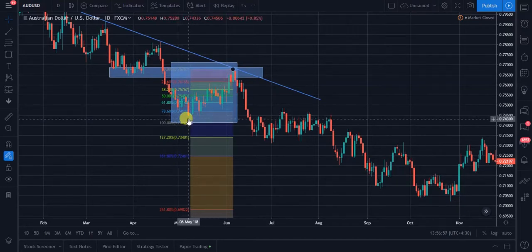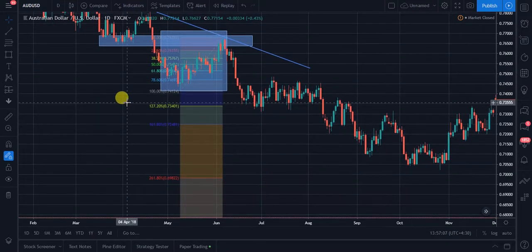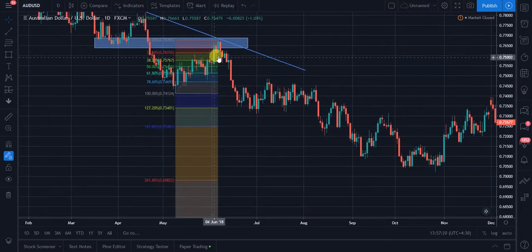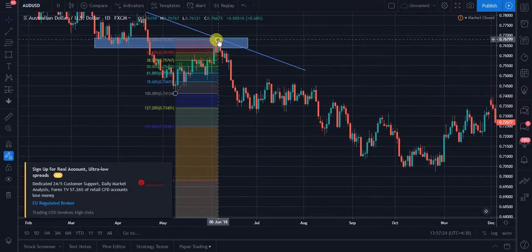So these are last lows, this one is last low, and this one is last high. So for Fibonacci extension, to identify or choose our area for exit trades, try to draw from last low to last high. So I draw from last low to last high here, low, this one high.